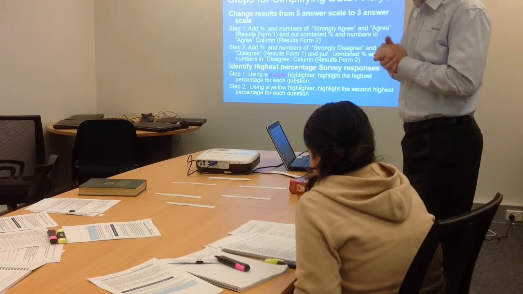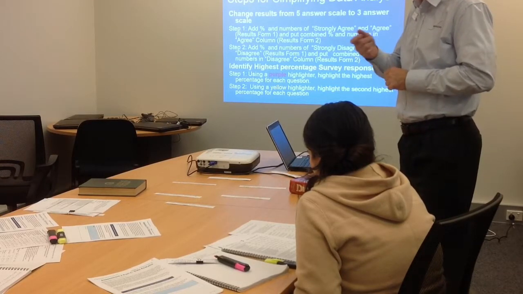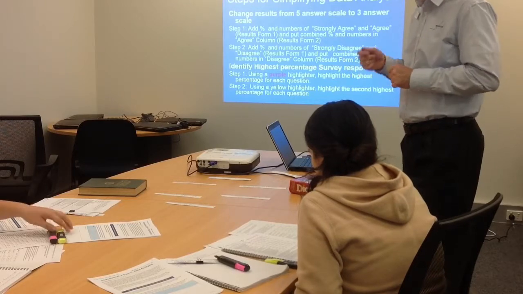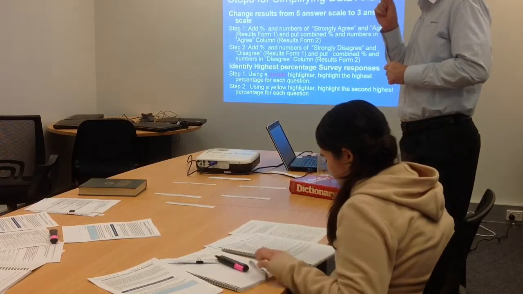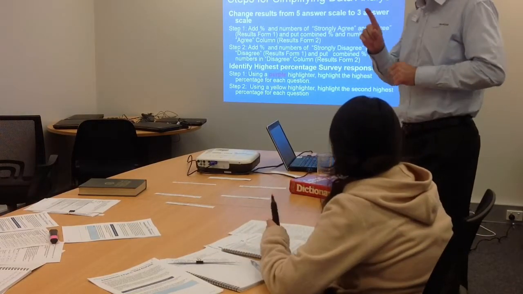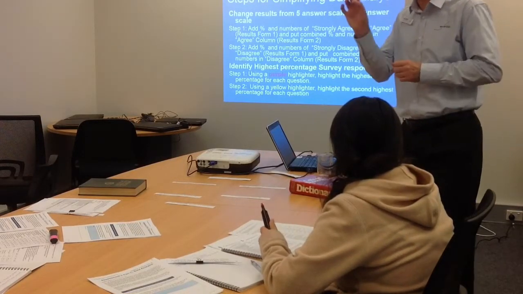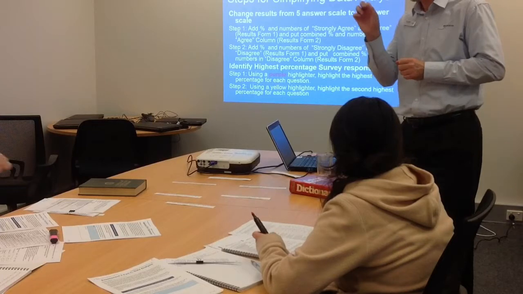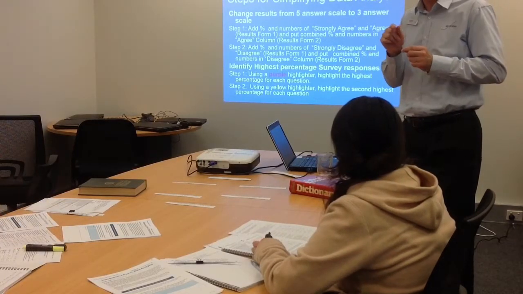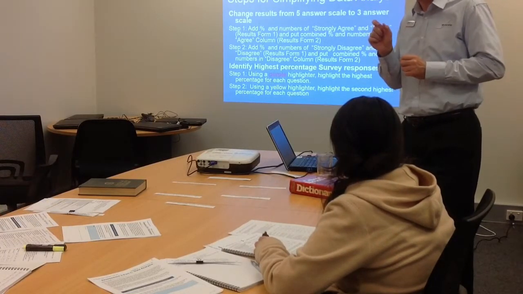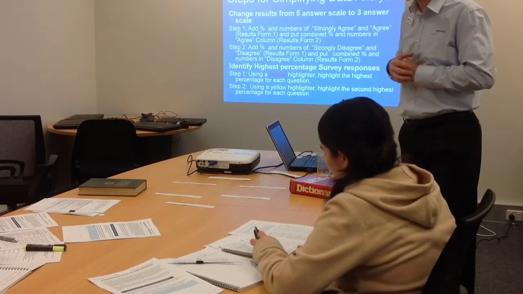Yep. So the next step, what I'd like you to do is take a highlighter, it doesn't matter which one, and pick one of the three. First, I want you to take the highest percentage and use, say, the purple. Let's use the purple for the highest. And then use your yellow as the second highest, for each of the 10 questions.